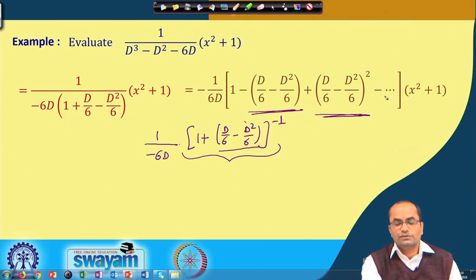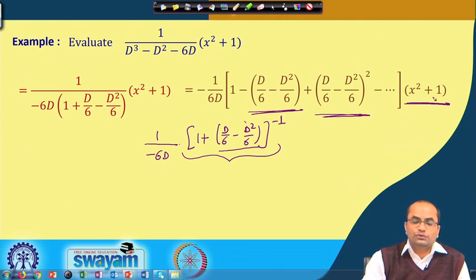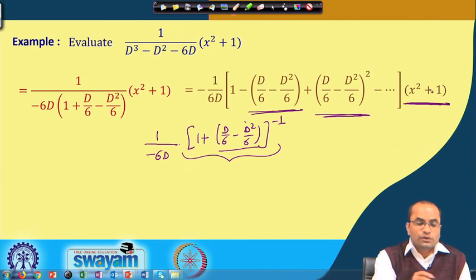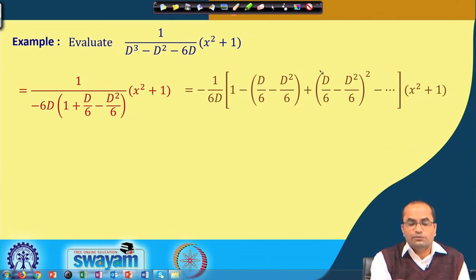We do not have to consider more because our polynomial is of degree 2, and we have collected all terms up to D square. The next term will certainly have D cube, which will make it 0. So we do not have to expand more, because when we operate these higher order terms, this x square plus 1 will become 0. That is enough up to D square terms.